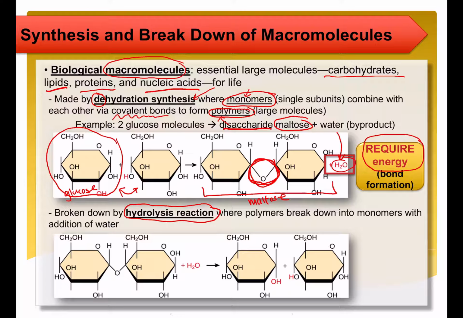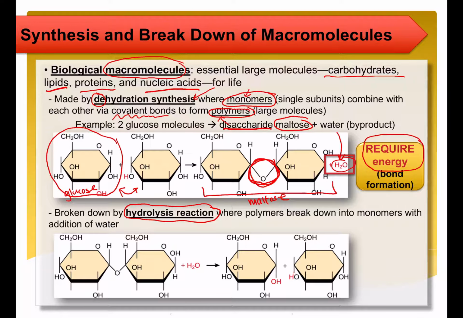An easy way to remember that you're adding a molecule of water is that hydro, as we discussed last chapter, means water. So it means we're adding water to the reaction. One is dehydration, removal of water to form a bond. Hydrolysis reaction, you're adding water to break a bond.